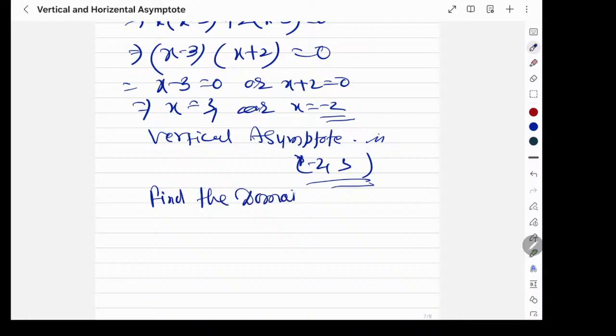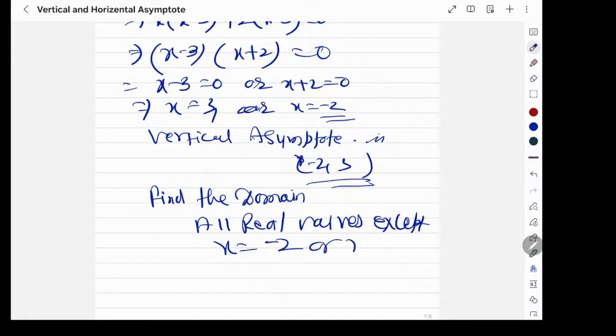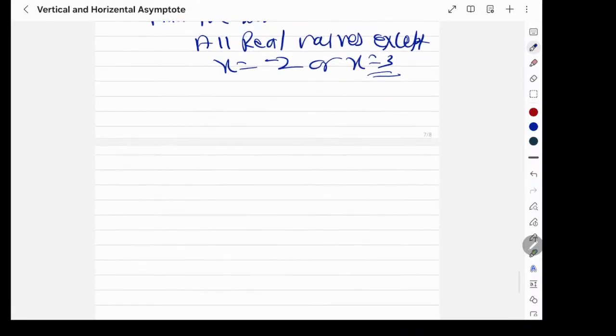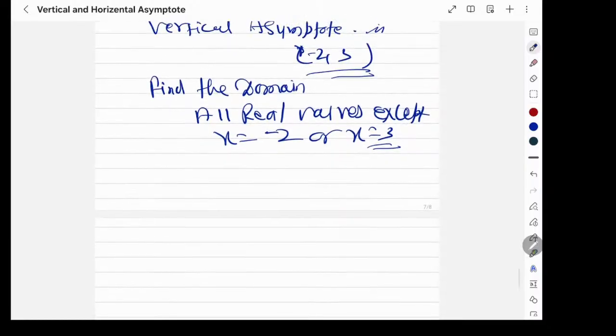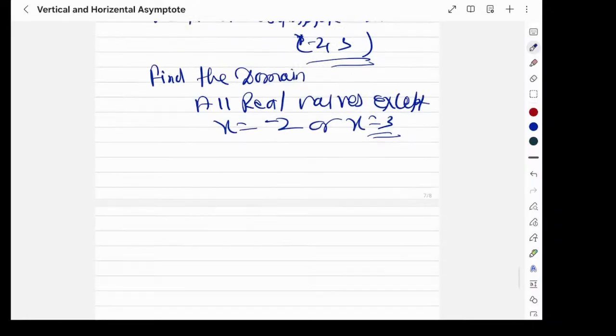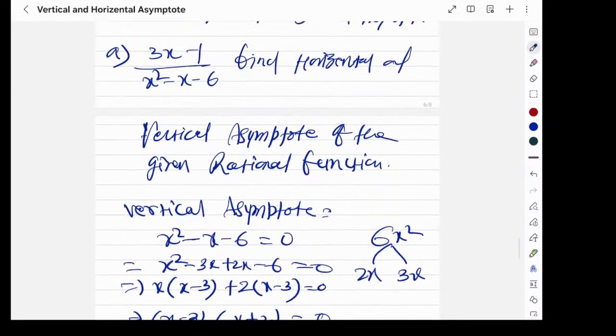The domain is all real values except x equals negative 2 or x equals 3. So this is the vertical asymptote and domain of the given function. So that is how we find the vertical asymptote.